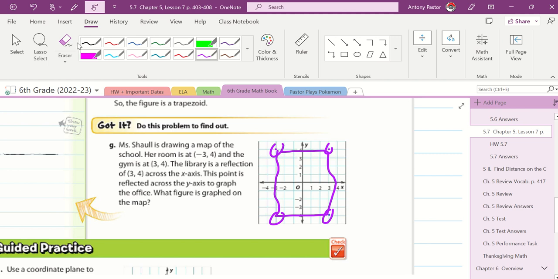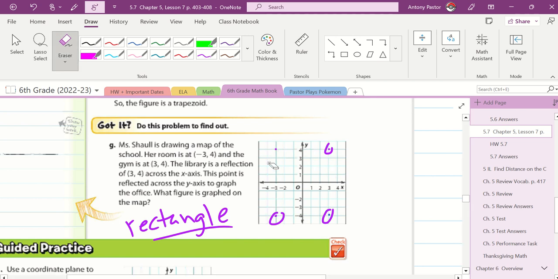It should run through there. These are -4, -4. So let's see. Hang on. I don't want to say it's a square yet. 1, 2, 3, 4, 5, 6. 1, 2, 3, 4, 5, 6, 7, 8. And this is why we double check. So it's not a square. It's actually a rectangle. A rectangle is the shape that we're graphing here.